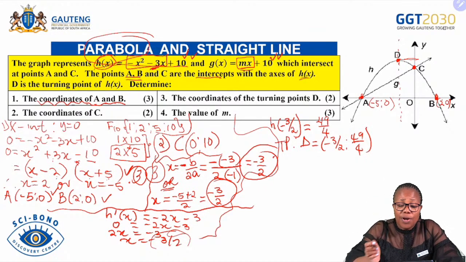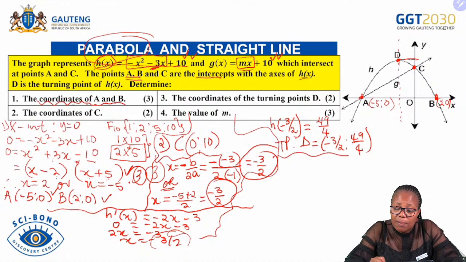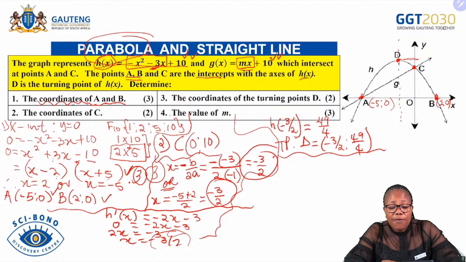And then moving on now, the last question, you are looking at number 4. Number 4 says determine the value of m. M, if you look at m, is the gradient of that straight line graph. So we have 2 ways of doing this, grade 12s. Number 1, you can check on that line AC. Do you have any point that you can substitute for x and y so that you can get an m?